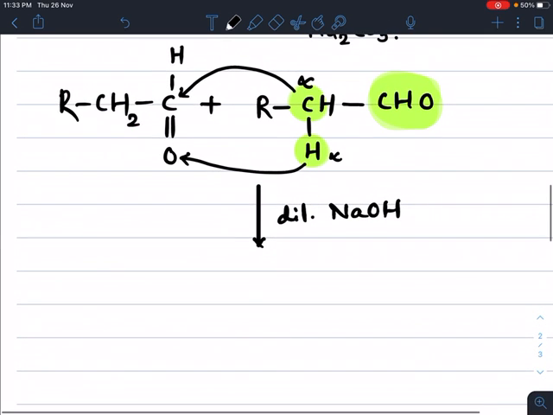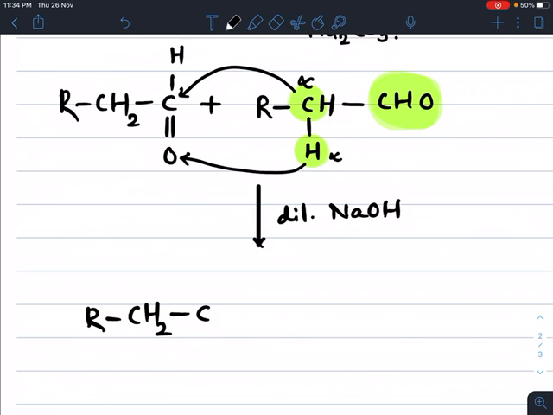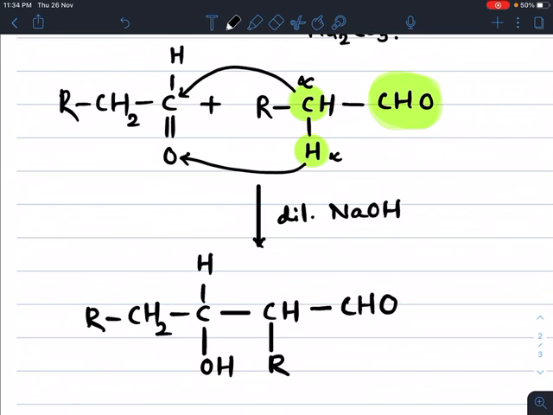Now addition takes place and we get the intermediate product: RCH2 as it is, then CH, with O converted into OH, which is further bonded to the alpha carbon, CH with the alkyl group attached, and further bonded to the CHO group. This is the intermediate product formed.